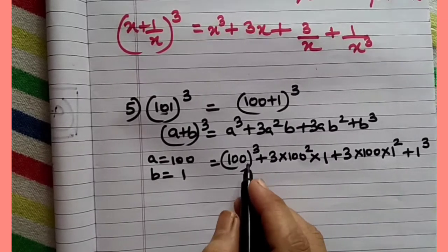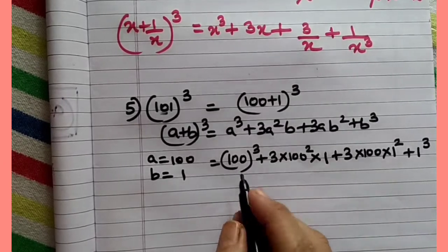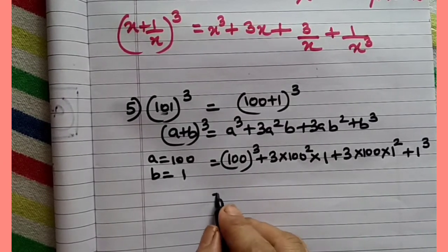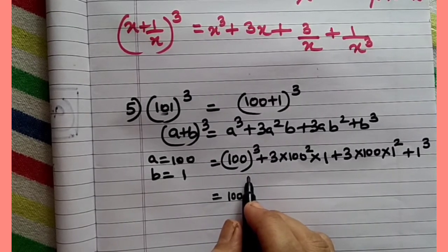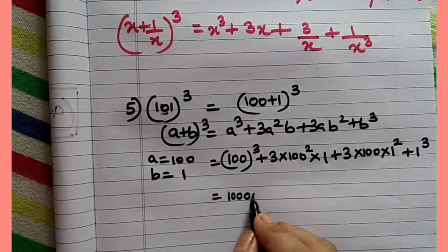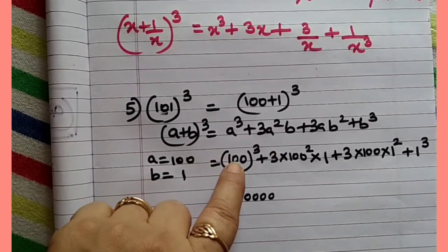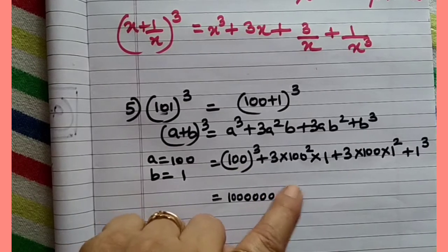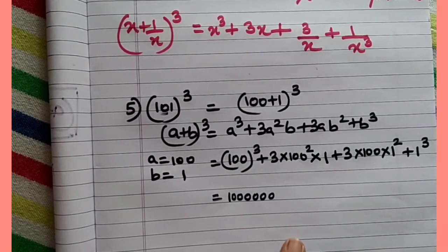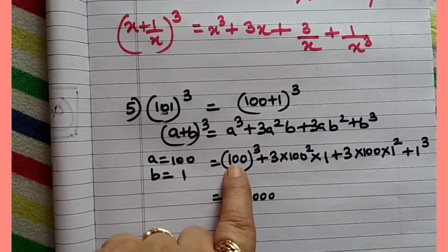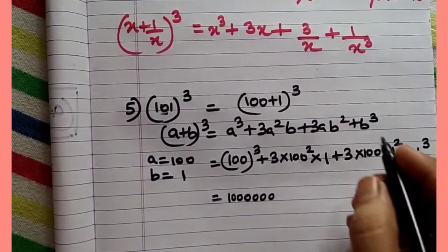Now 100 cube, how will you write? Will you multiply 100 three times? No. What we will do? Now 100 has 2 zeros. So we are going to multiply 100 three times, so total how many zeros? There are already 2 zeros, so one more time and 2 more times. So total we will have 6 zeros when we multiply 100 into 100 into 100.